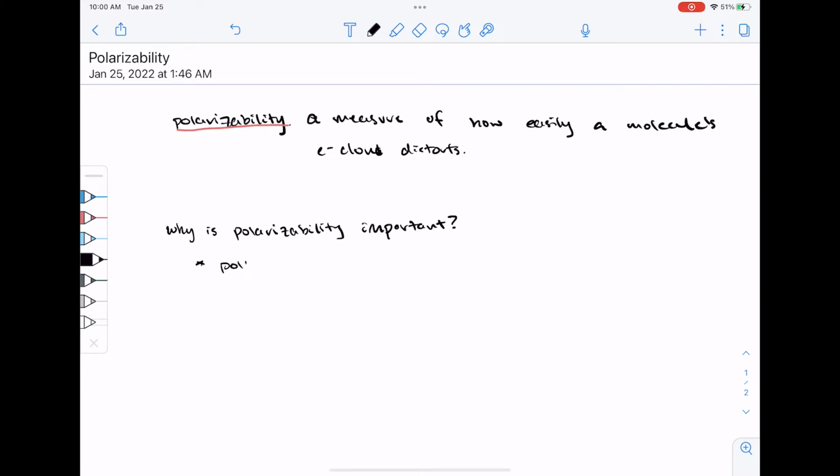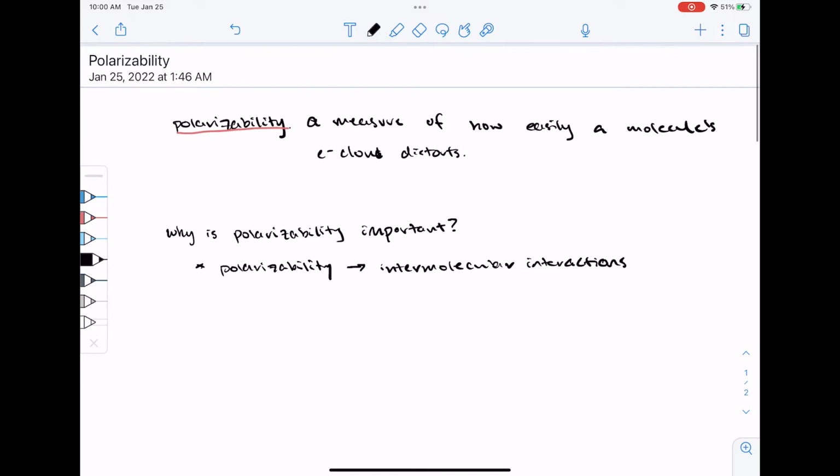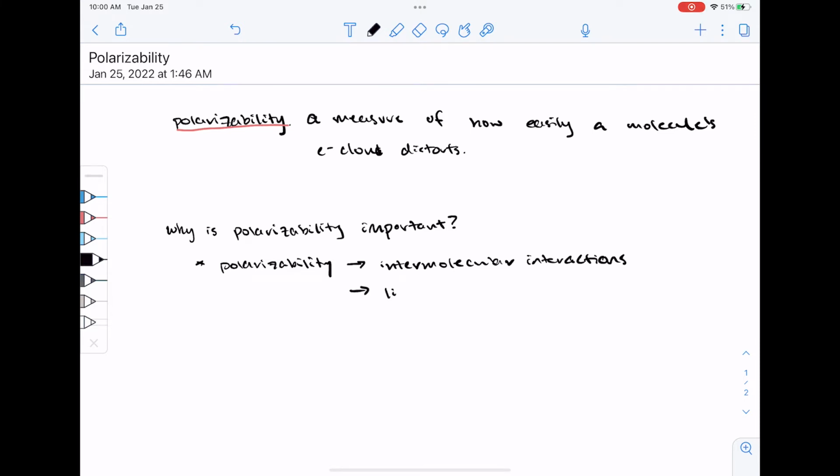Polarizability affects intermolecular interactions, which affects ligand substrate binding, which influences drug design.